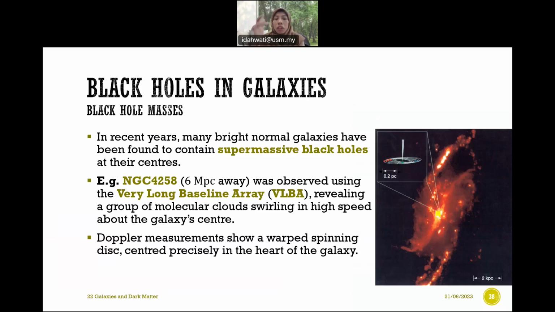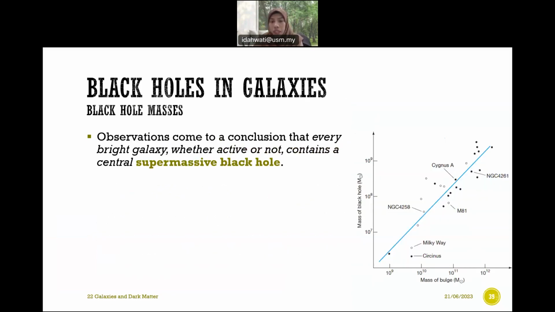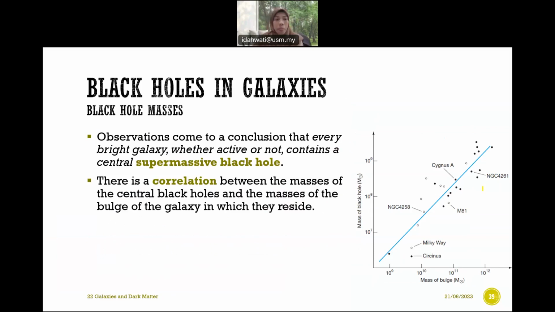And the Doppler measurements show a warped spinning disk centered precisely in the heart of the galaxy. So the black hole mass observations lead to the conclusion that every bright galaxy, whether active or not, contains a central supermassive black hole.